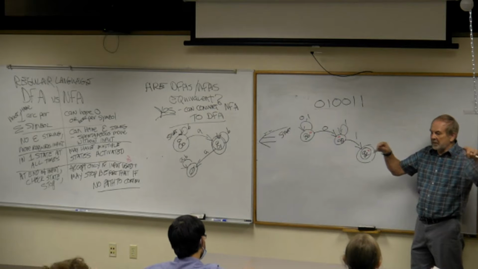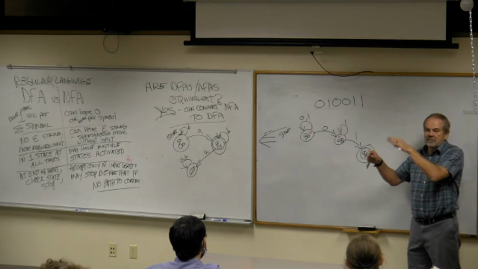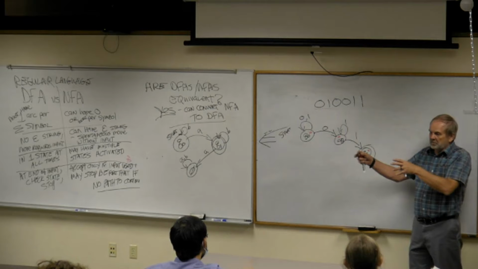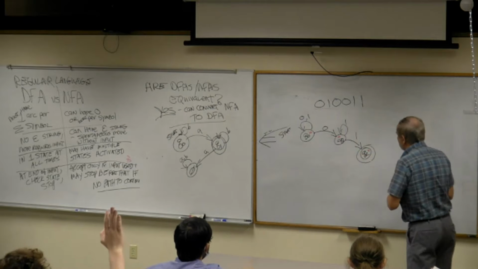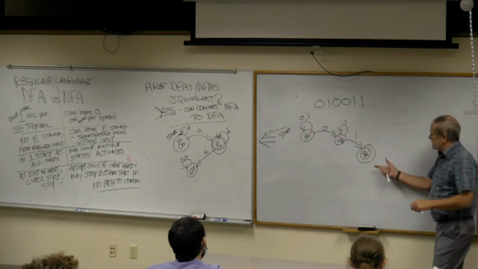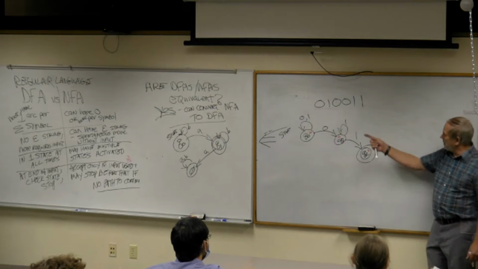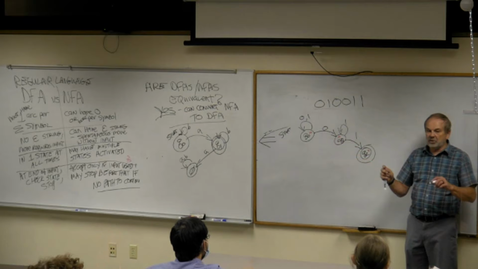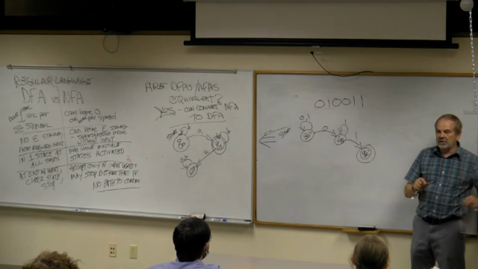When it gets to something where it can't move on this symbol, then that whole path dies off, and it only has the other successful-so-far paths that could function. Okay, so does everybody see why these three states would be active on just seeing the 0 and the 1? It's like trying every possible transition from where it is right now to where it could go.